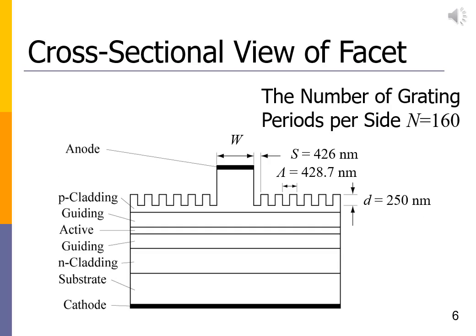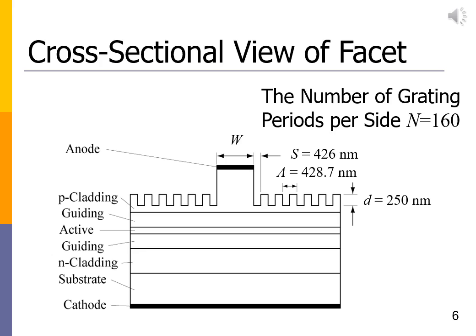This figure shows a schematic cross-sectional view of the facet of the proposed ridge structure with transversal diffraction gratings. The mesa width is W. The height of the mesa is 1.55 microns. The space S between the mesa and the transversal diffraction gratings is 426 nanometers.